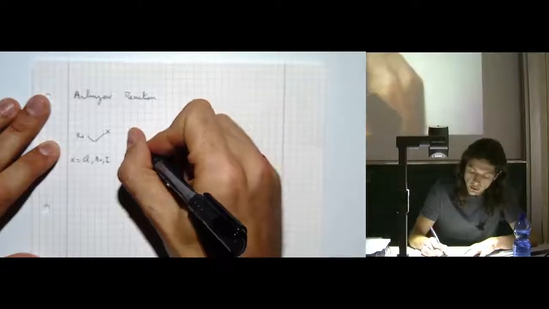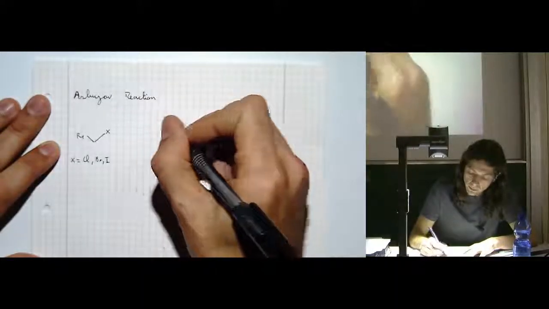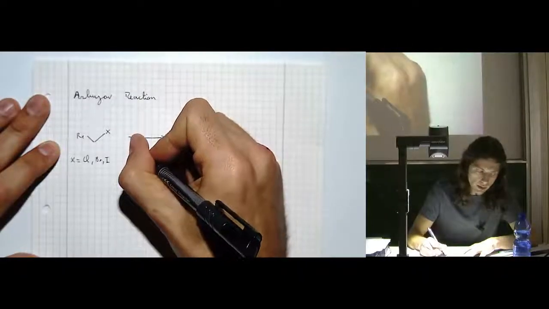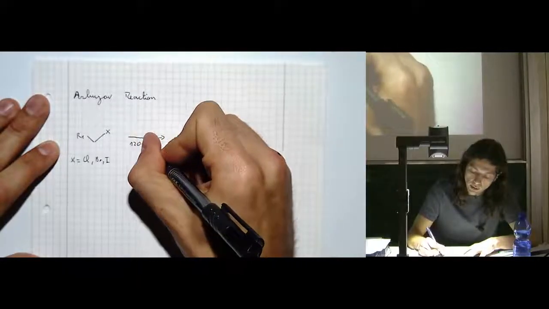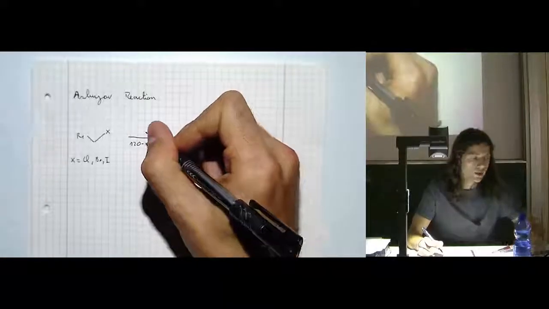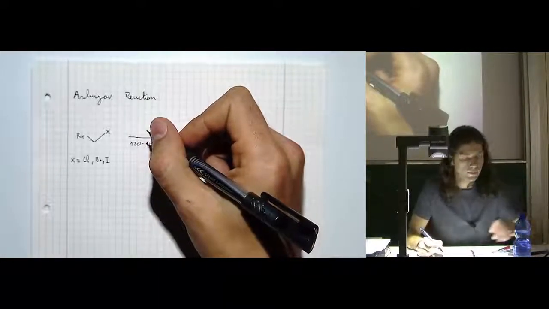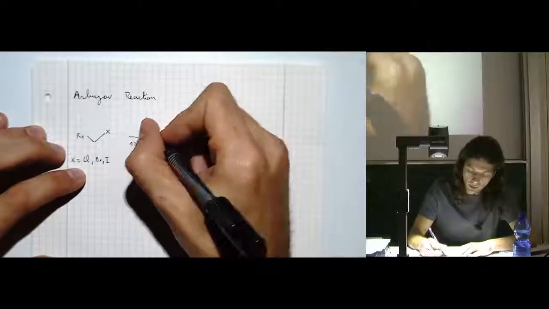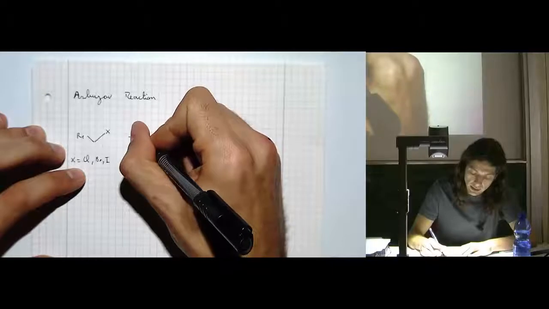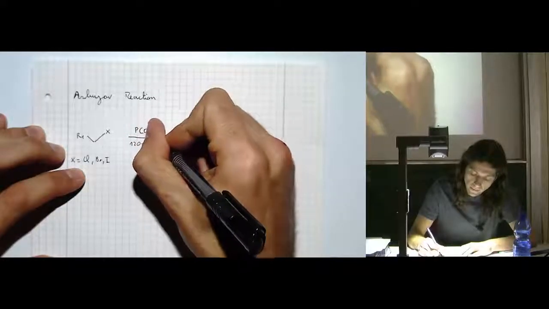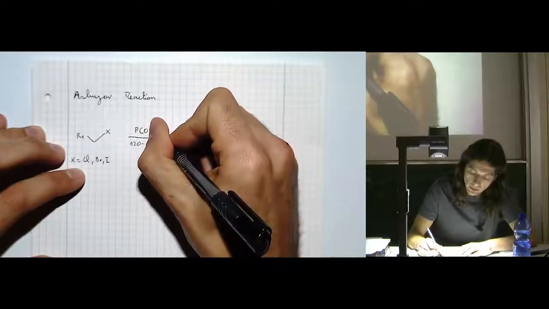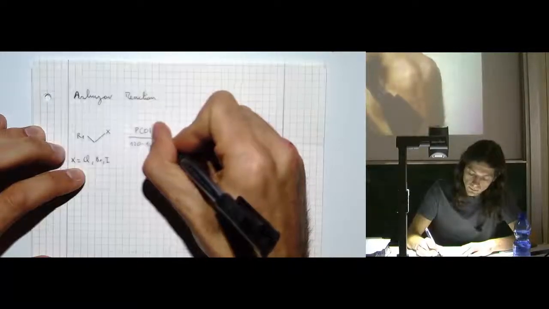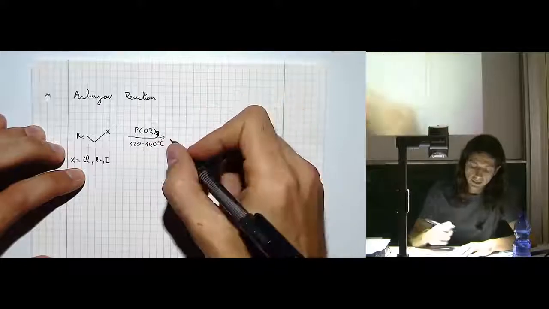And it is a reaction at high temperature, 120 to 140 degrees, with triethyl phosphite, a trialkyl phosphite, which is this species here.